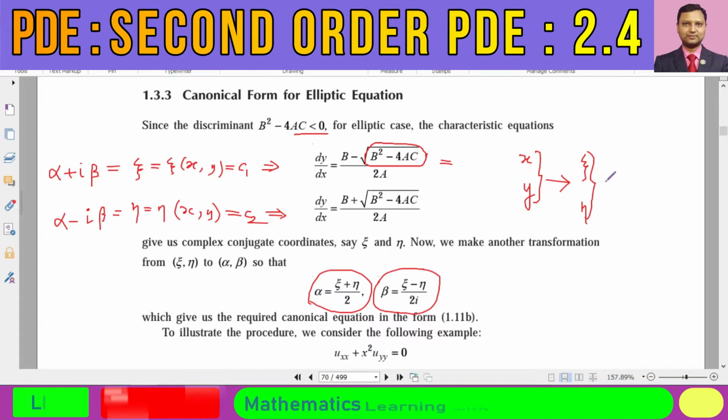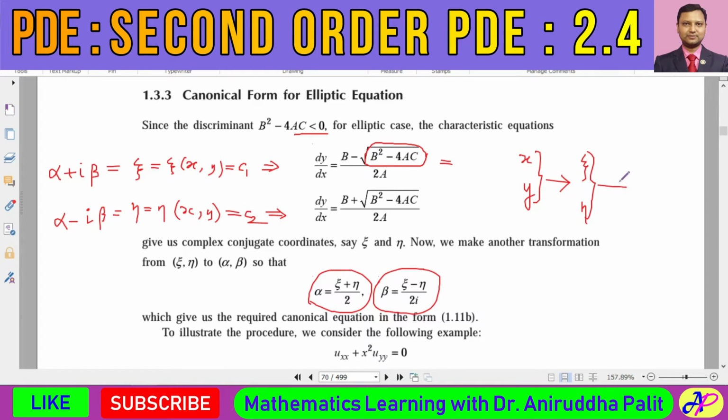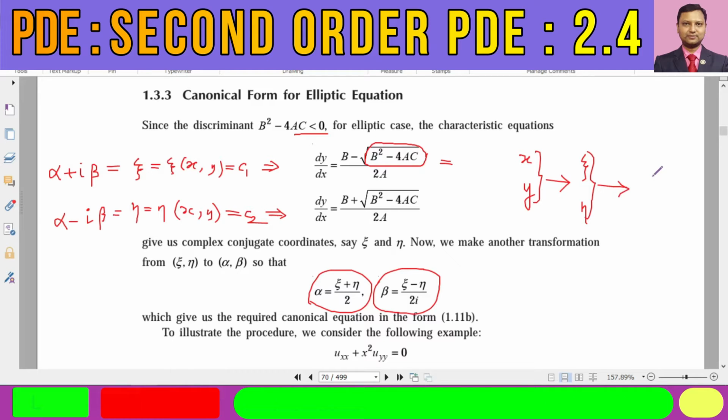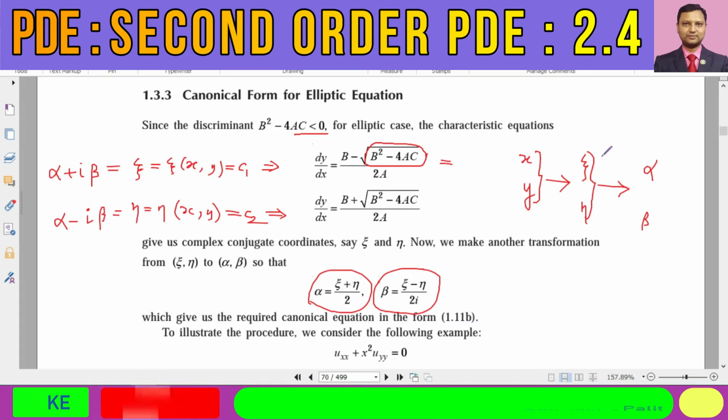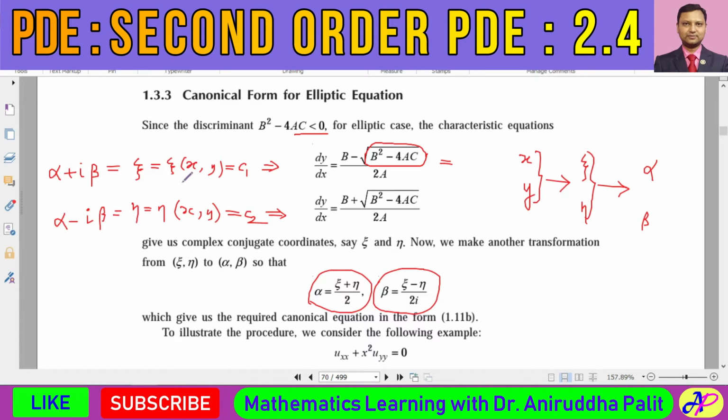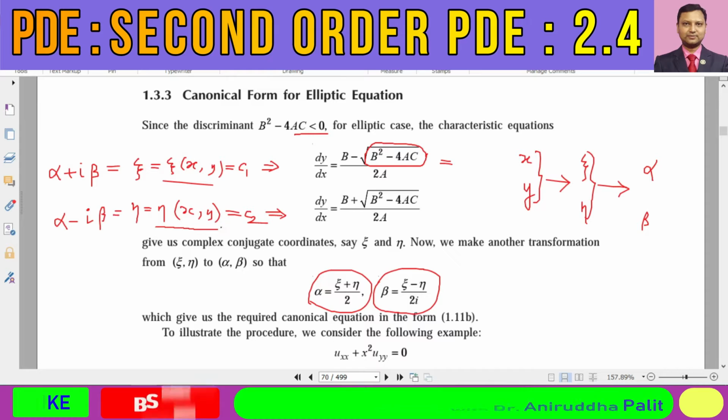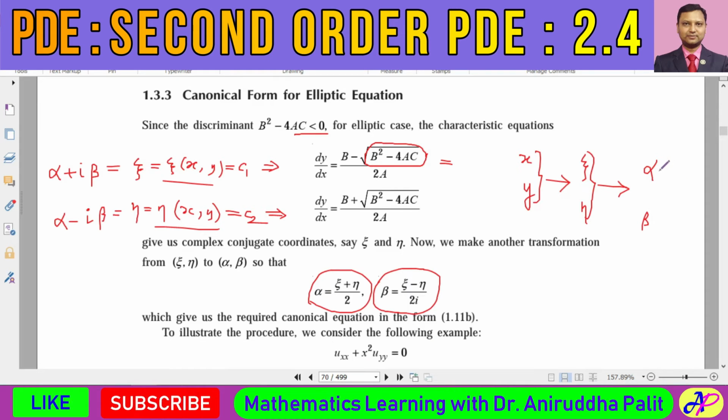From these imaginary variables we are again trying to construct real variables alpha and beta. So if chi and eta are functions of x and y, then alpha will also be a function of x and y, and similarly beta will also be a function of x and y.